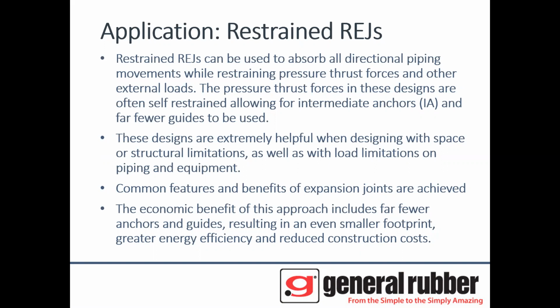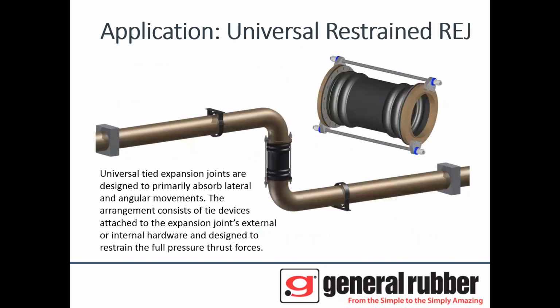Common features and benefits of expansion joints are achieved, and the economic benefit of this approach includes far fewer anchors and guides, resulting in an even smaller footprint and greater energy efficiency and reduced construction costs. So the first restrained arrangement we'll talk about is a universal restrained.